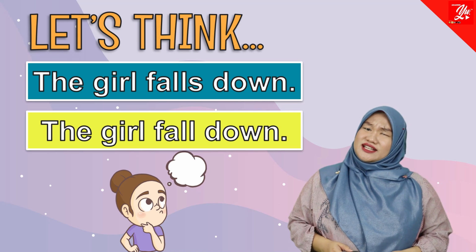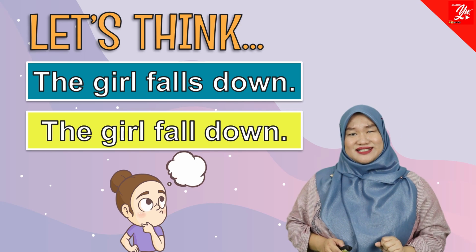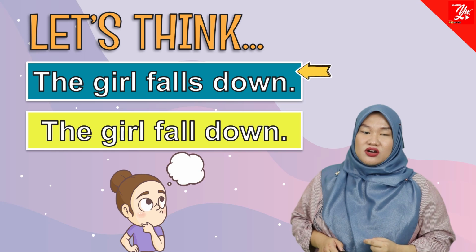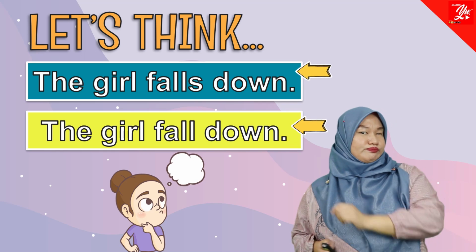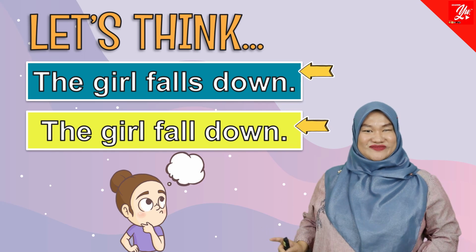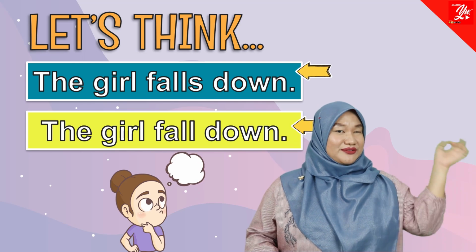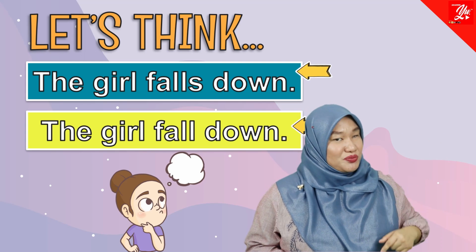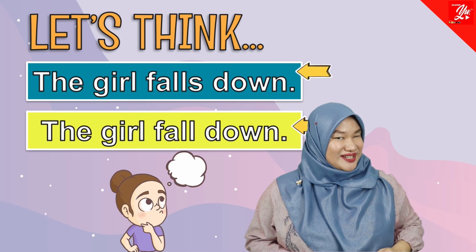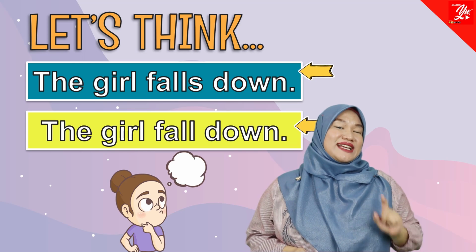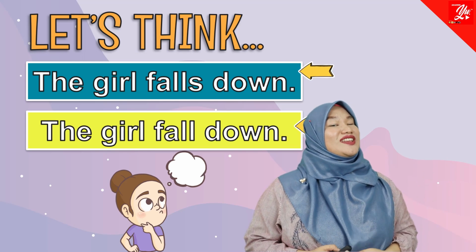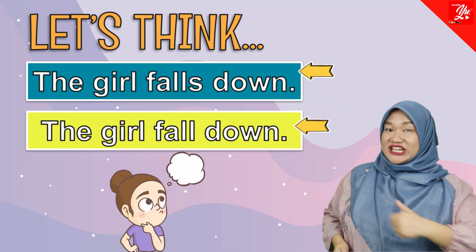Which one do you think is the right sentence? The top one or the bottom one? If you know the answer, pause this video right now and write in the comment box down below which one is your choice, and then wait until the end of the video to know the answer. Let's get on with the video.